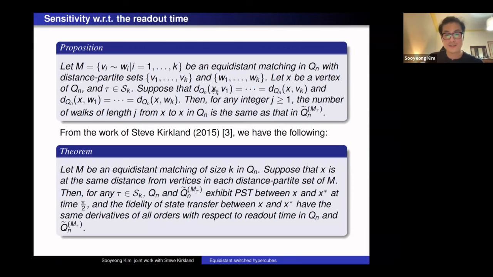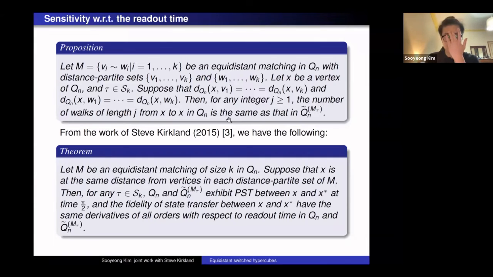X is the same distance from the vertices V1 up to Vk, and W1 up to Wk. Then the number of walks of length j from X to itself is the same as that in the resulting graph.